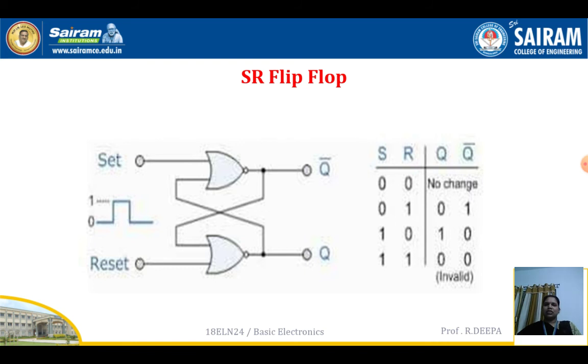If S is equal to 1 and R is equal to 0, we can observe the output Q will be 1 and Q bar will be 0. Whereas if S is equal to 0 and R is equal to 1, that is reset is equal to 1, the output becomes reset, that is Q will be 0 and Q bar will be 1. When both the inputs are 1, 1, it is not possible and hence it is named as an invalid state.